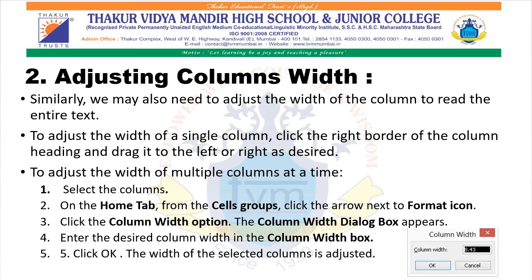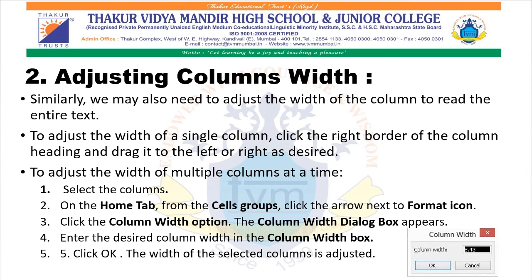So these are the two ways you can adjust the column width and row height. One way, you can drag the borders of the respective column heading or the row heading.